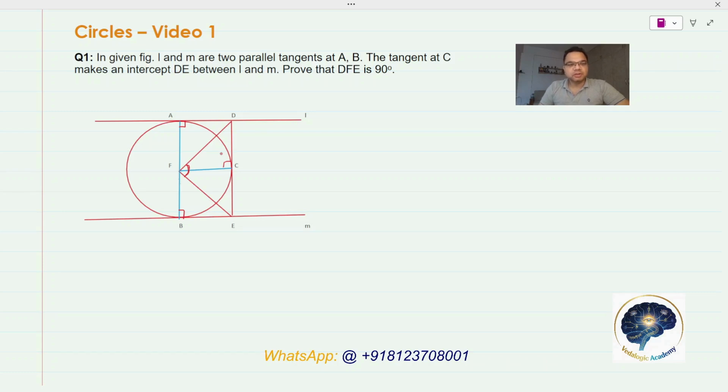Okay, so let's proceed now. So these are parallel tangents, right? So parallel means, and these angles are equal 90 degree. So it means AB is the diameter, right? Okay, because these alternate angles, corresponding angles are same here.